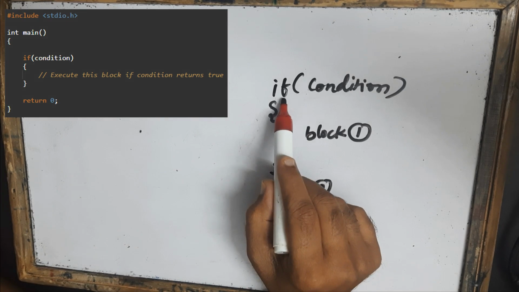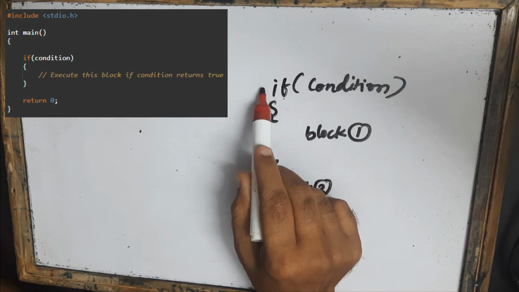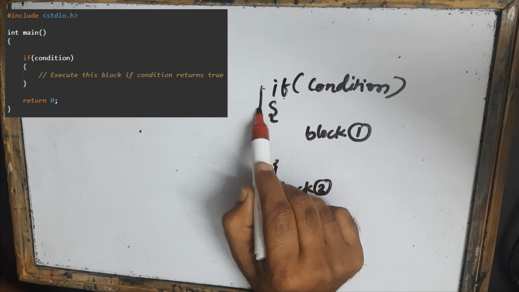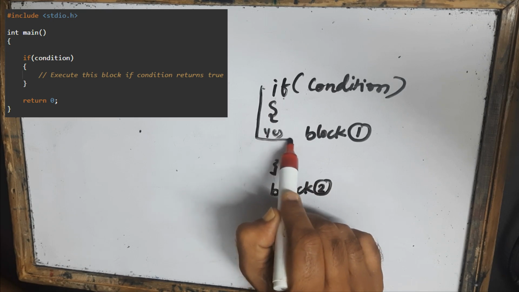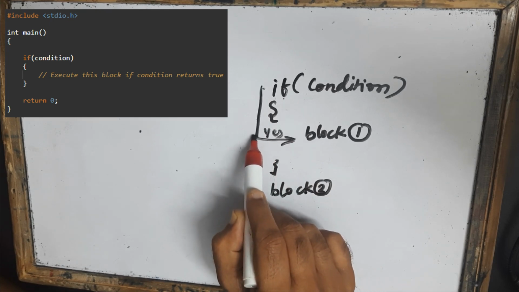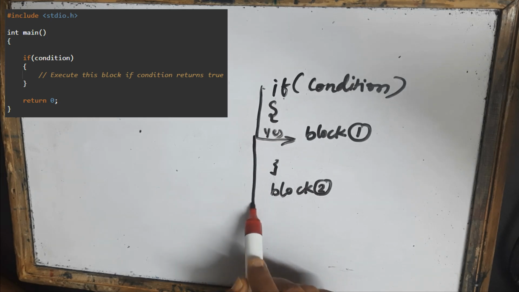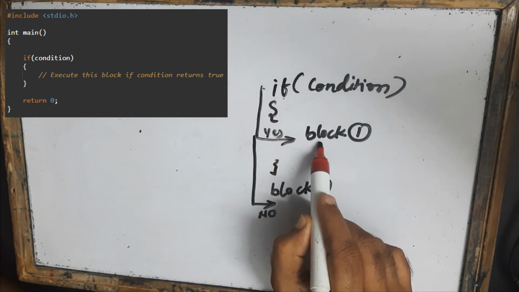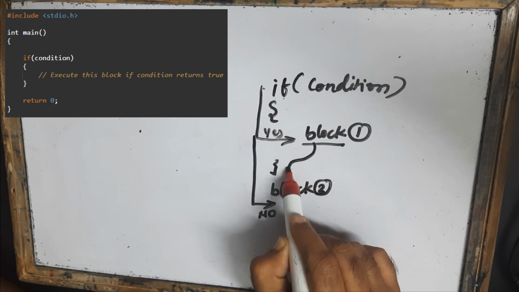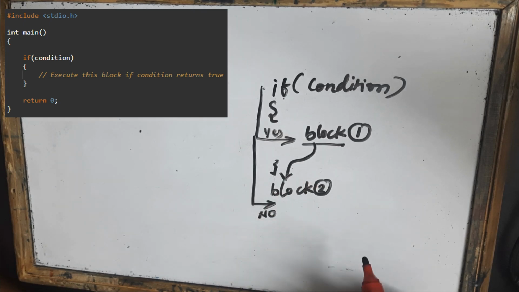So if this matches, if yes, then you go to block number 1. If no, you go to block number 2. After completing block number 1, you go back and execute block number 2.